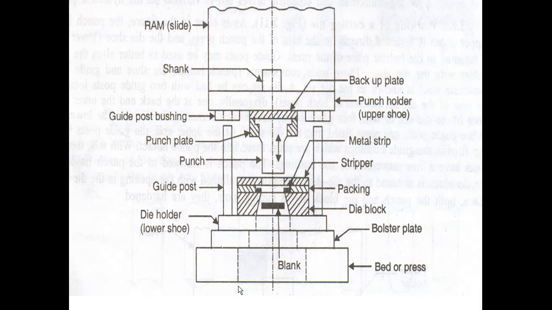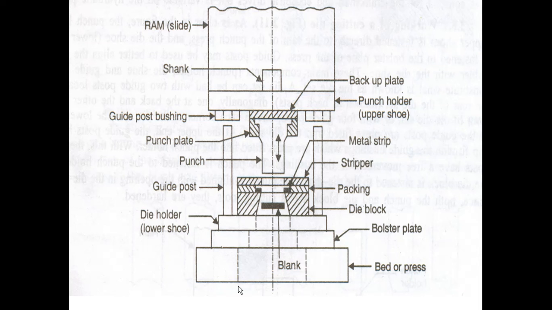Now the major elements of this particular tool. Here you can observe the punch, which will cut the sheet metal or form the sheet metal into the required shape. Then there is a die block. It helps to cut the sheet metal as well as to form the sheet metal.